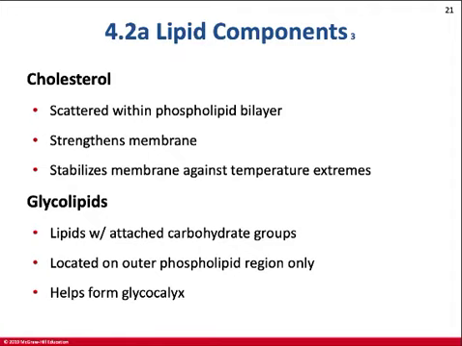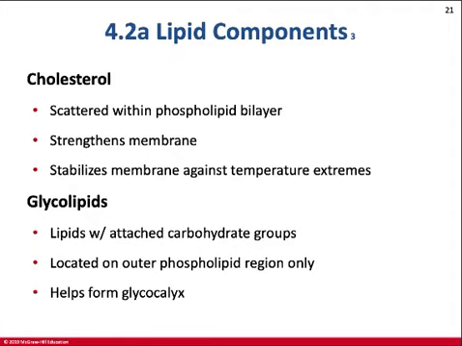But anything polar or charged is going to have to pass through a gate, a tunnel, or a pump in order to get from one side of the membrane to the other. And so protein is usually the material from which those are made. And the cell can determine how many of them there are in the membrane and whether they're open or closed.